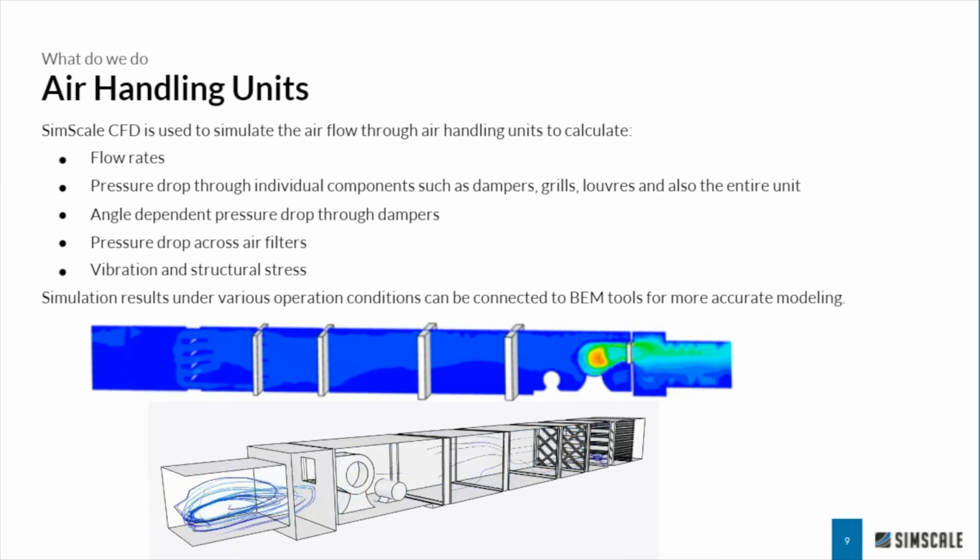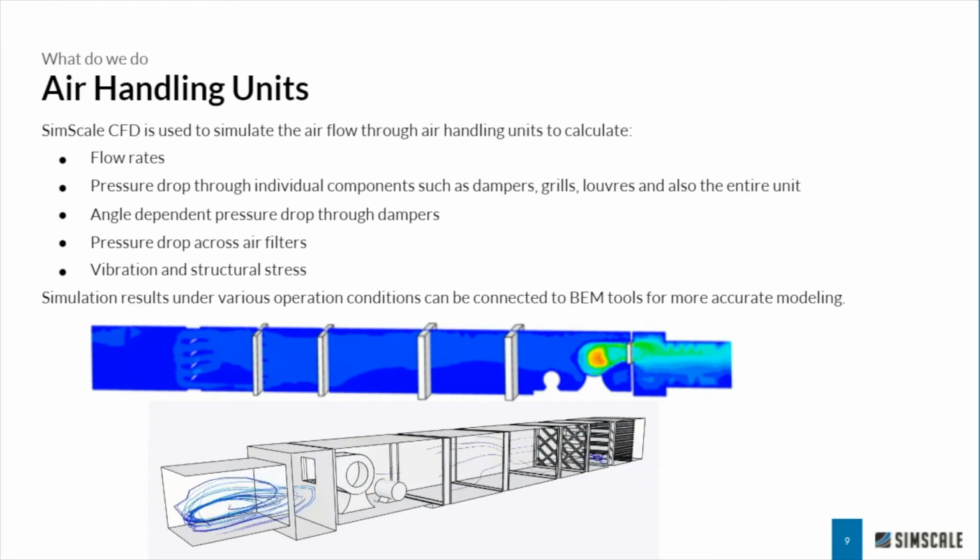But what we don't know yet is how will the specific component perform inside the actual air handling unit when you have components before and after it that actually change the airflow pattern in the approaching air that comes into the component. For example, if you have a cooling element and the airflow is very unevenly distributed, you might not get the actual performance out of it because you have a very, very small region with a high flow rate and a large region with a very low flow rate.